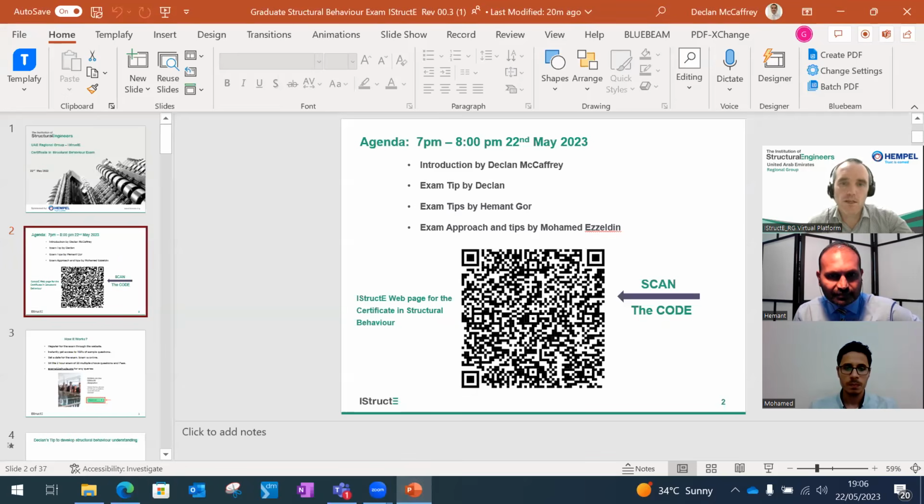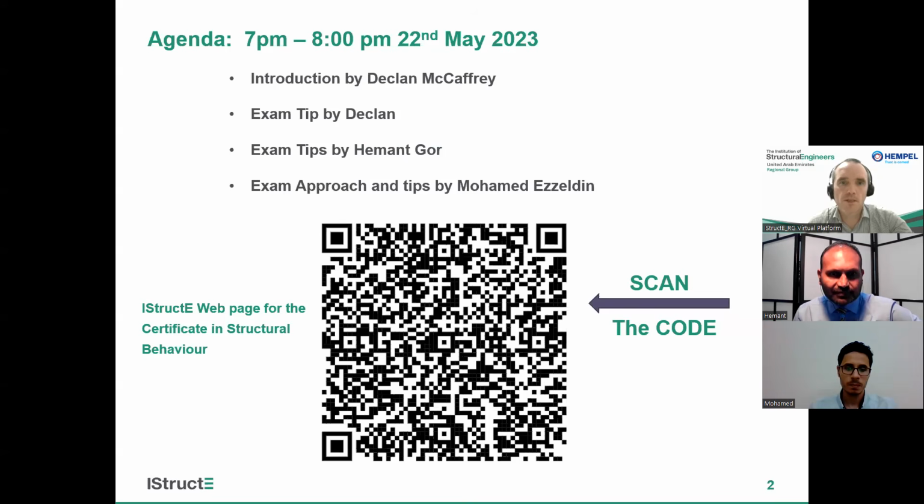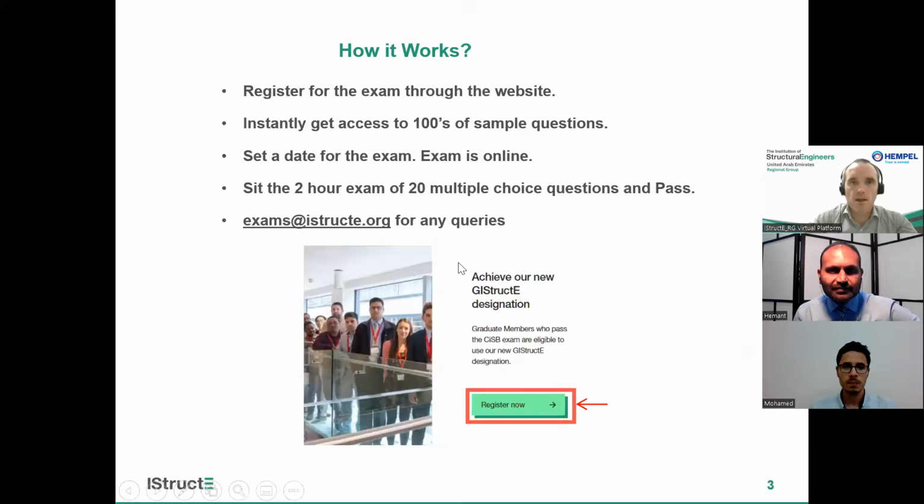If we go back to the PowerPoint presentation. How it works is you register for the exam through the website I've just shown you. You can keep an eye out for this register now button. When you register, you don't have to decide a date that you want to take the exam.